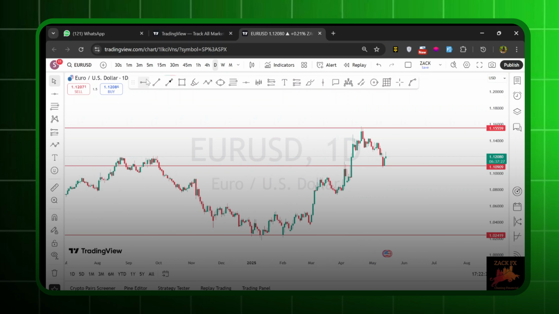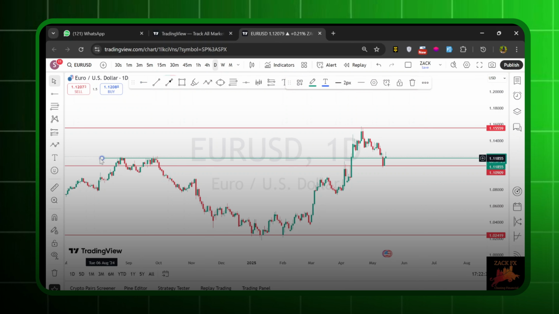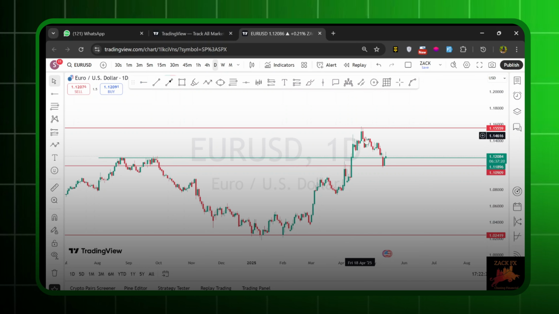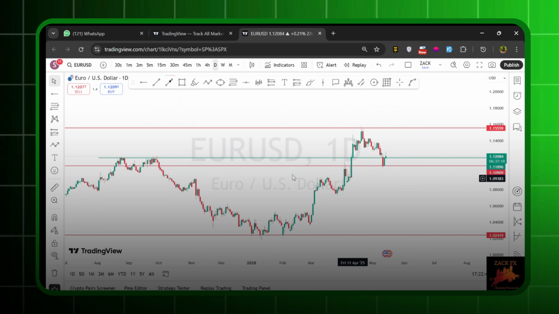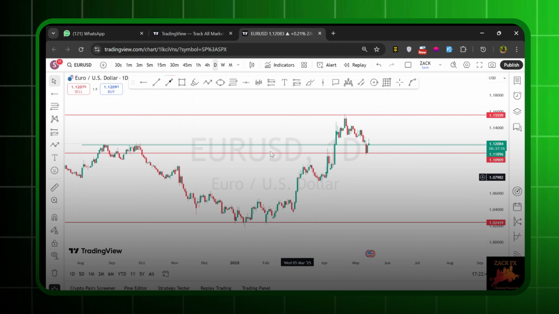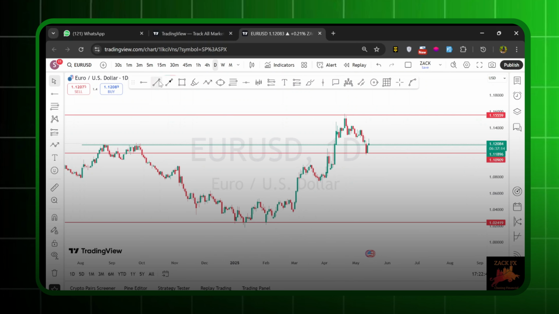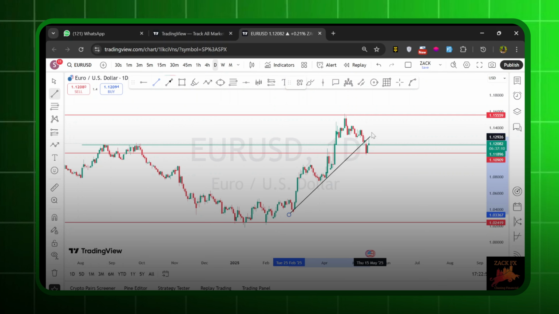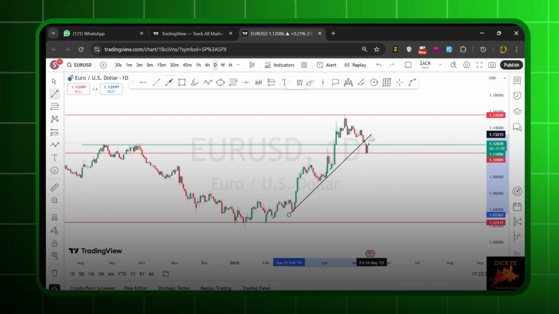So from here we can see that Euro USD had broken some highs in the past, and then it has retraced these levels. So we are supposed to find potential entry opportunities and just deduce a story from what price is doing currently. Okay.